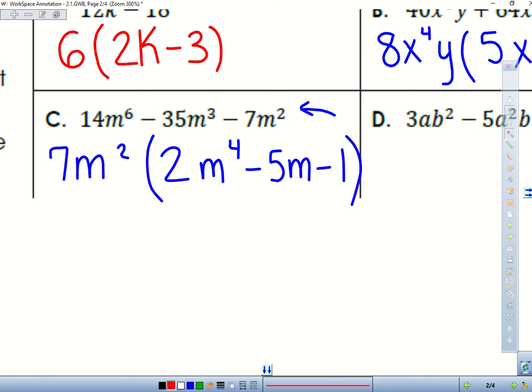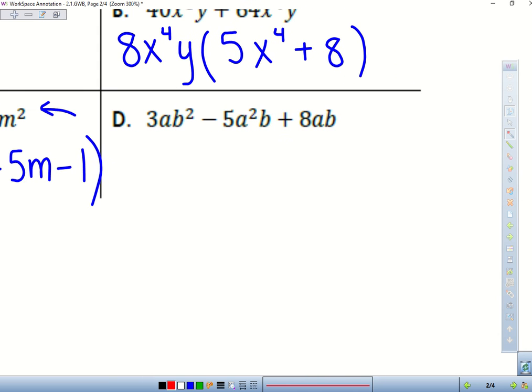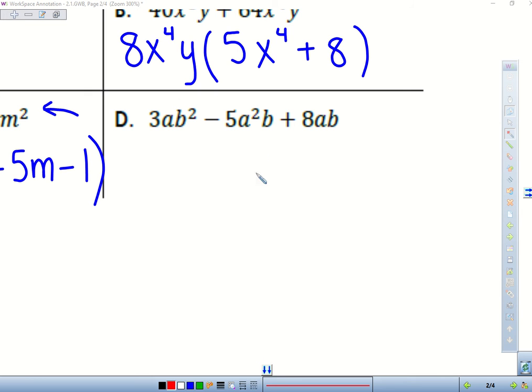So let's go ahead and move into the next one. Is there any numerical GCF for D? No. Is there a variable GCF? Yes. What is it? 8. Good, and B. What does that leave me with? 3b, right?